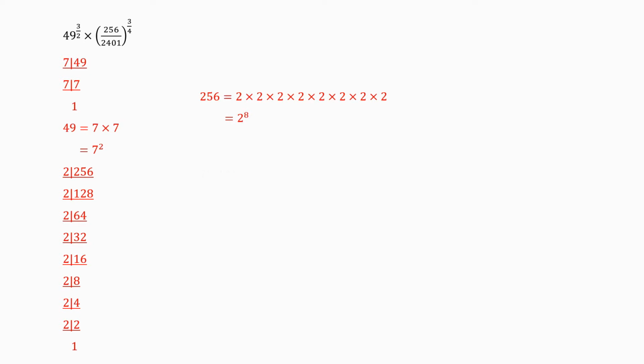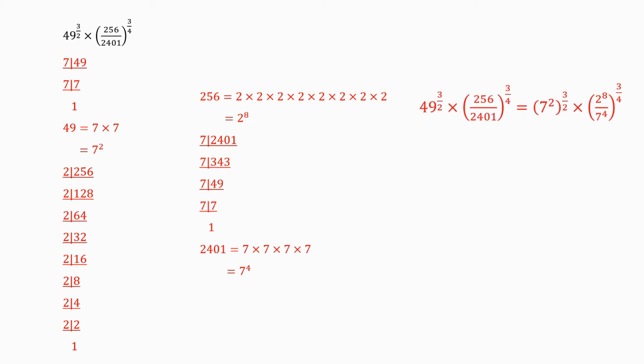Then finally we have 2401. The smallest divisor is 7. We obtain 343, divided by 7, it's 49, divide by 7, 7, and divide by 7, 1. So 2401 is 7 raised to power 4 in its power form.